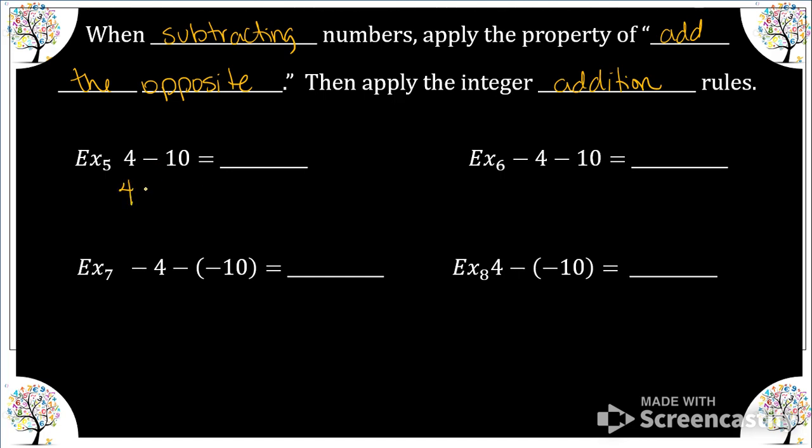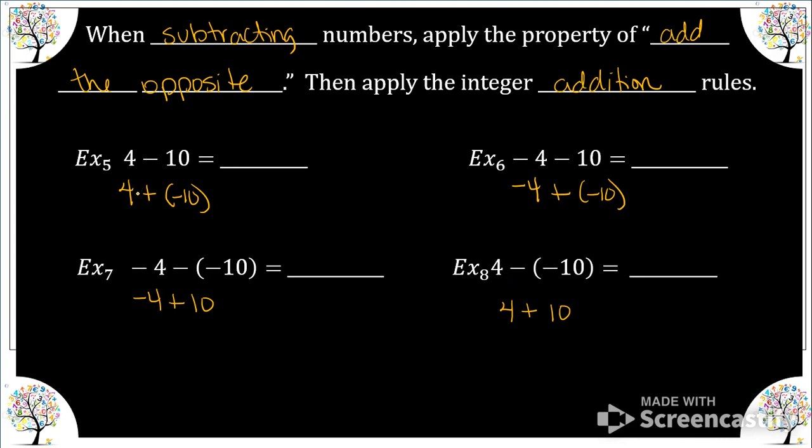So keep, change, change. Keep, change, change. Number 7, keep, change, change. And the last one, keep, change, change. So we only do this if we have subtracting problems like we do here.